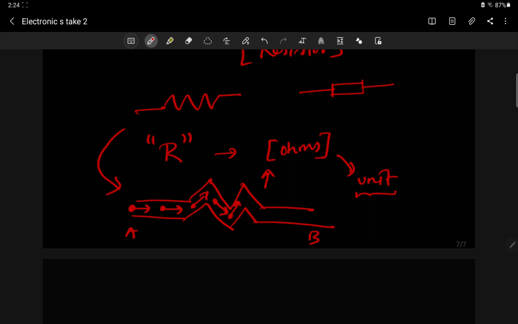So it would need more pressure, right? You would need more pressure, so it would slow down. What would happen is it would slow down the movement. So that is why this component is known as a resistor, that gives you resistance.